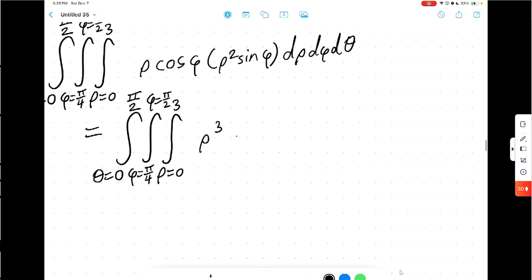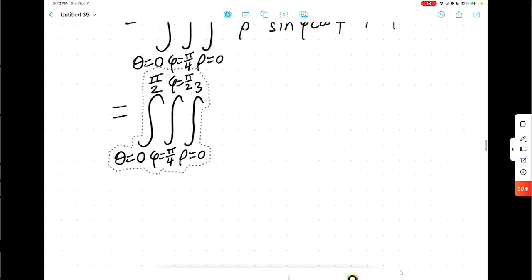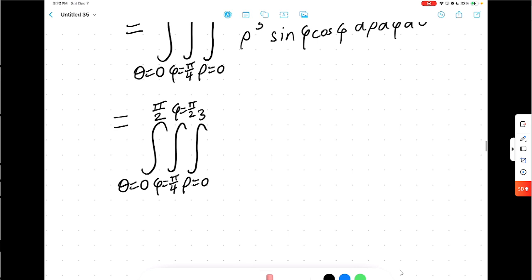Rho cubed, and then I'll make it sine phi cosine phi. This is equal to, and then get rid of the first integral. We're going to have rho to the 4th over 4.